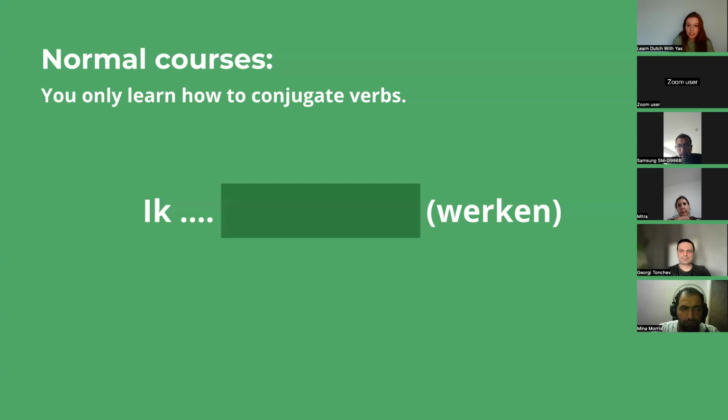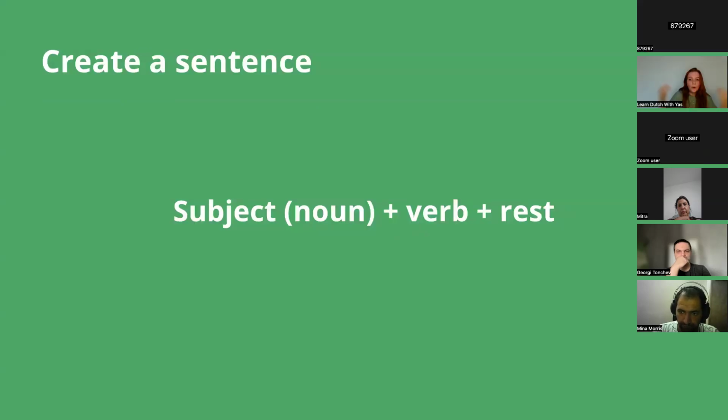You're not going to look at whatever is behind that sentence, so you're not going to be creating sentences by yourself. You're just gonna learn, okay, I see the ik, I know how to conjugate the werken for the ik, and that's it.